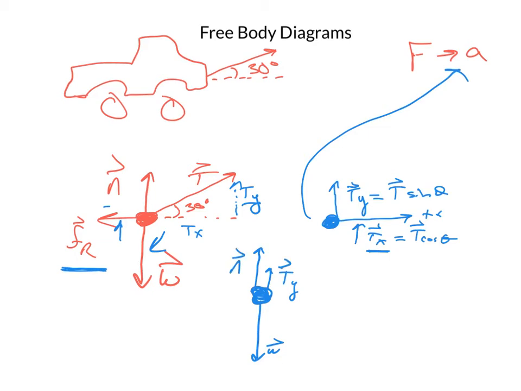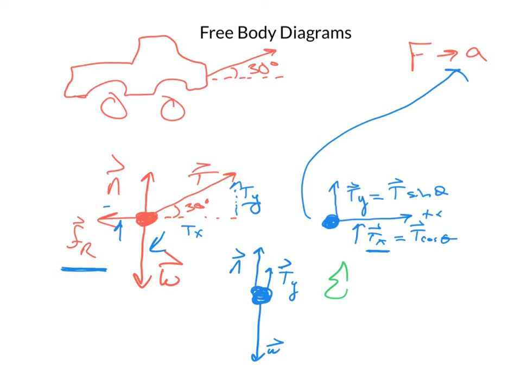But the point is, if it's not accelerating in the y direction, then there's no net force in the y direction. So the normal force and the y component of the tension should be equal and opposite to the weight. And then, to set these up, I use our very favorite Newton's law. I say the sum of the, oops, hold on, let me undo that.